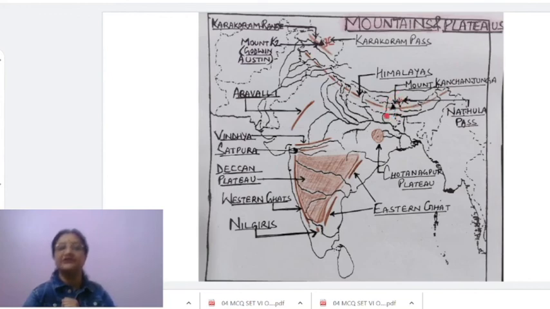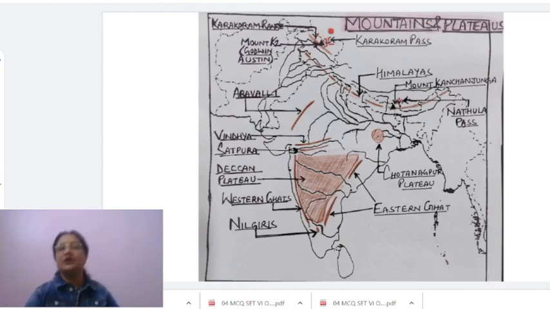The other peak you have to mark is in between the Karakoram range and the Karakoram Pass. You can see there is a curve in the border of India. Here you will mark the Godwin Austen. This is Mount K2, Godwin Austen. So these are the two peaks you need to mark in this region.